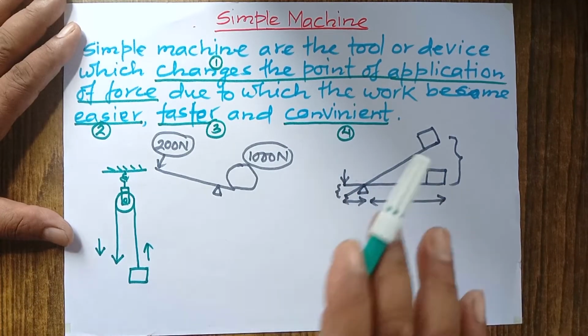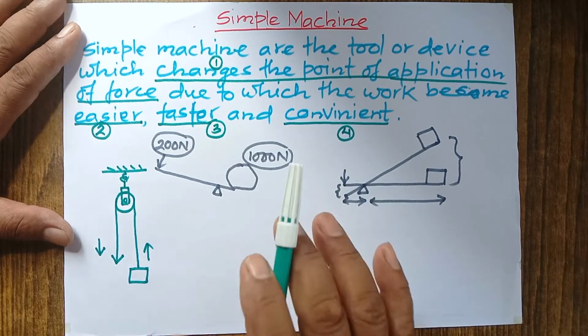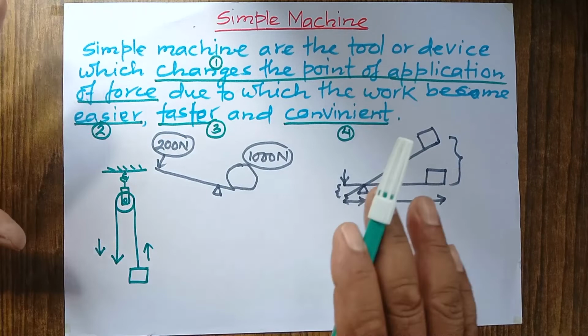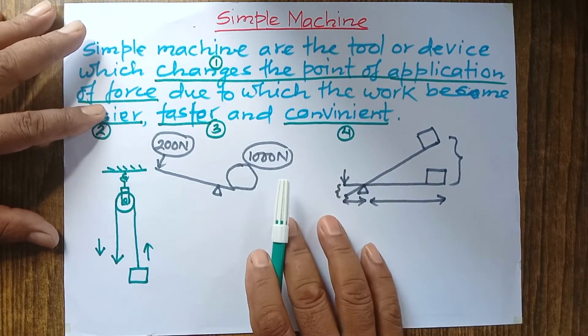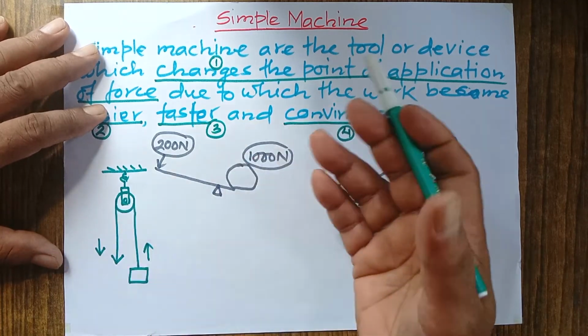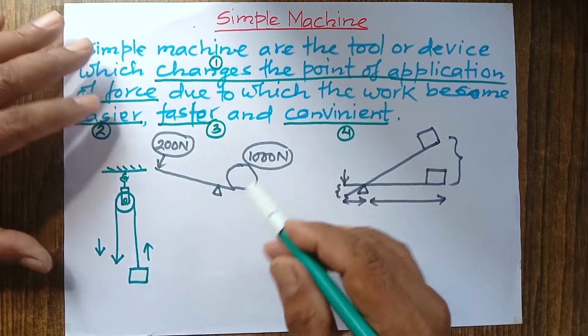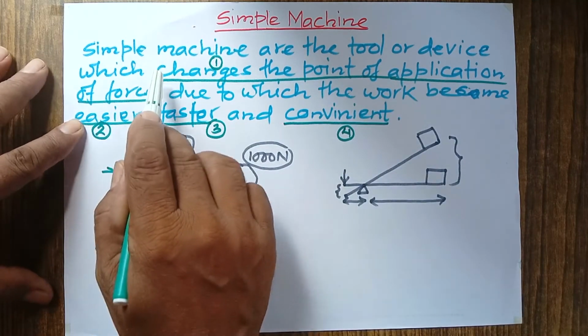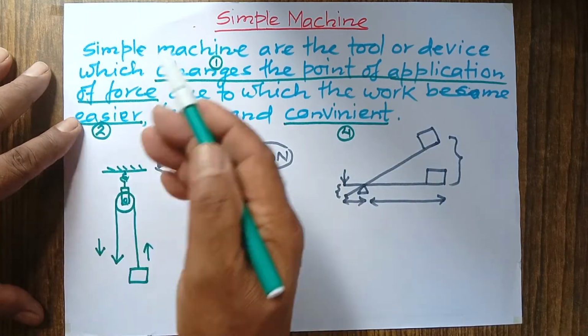So, there are four different major characteristics of simple machine. Number one, it changes the point of application of force. The meaning is force is applied at one point, but its effect is produced at another point while doing work. And because of this reason, it makes our work easier, means it magnifies the force.